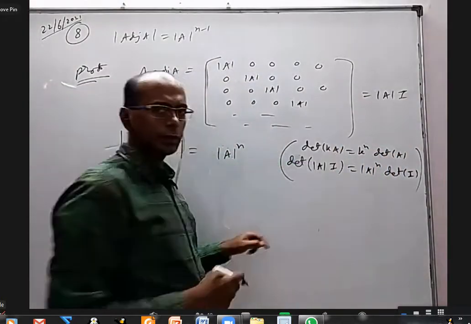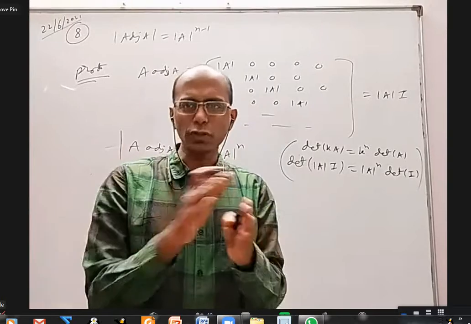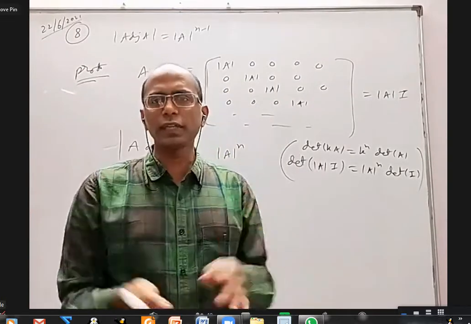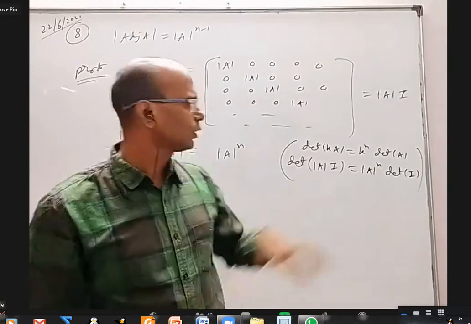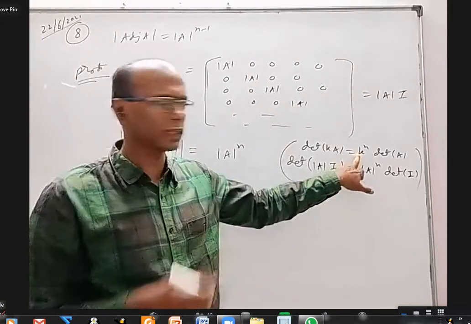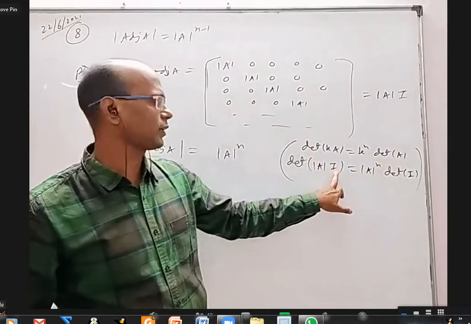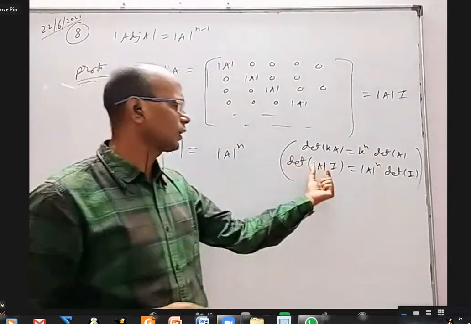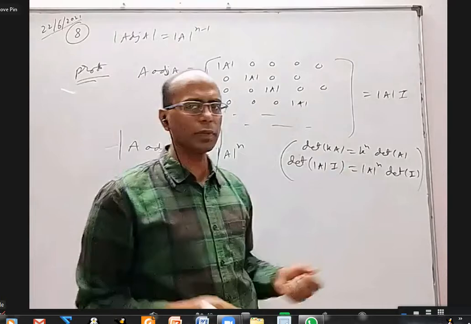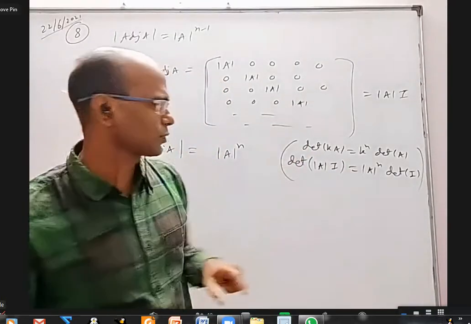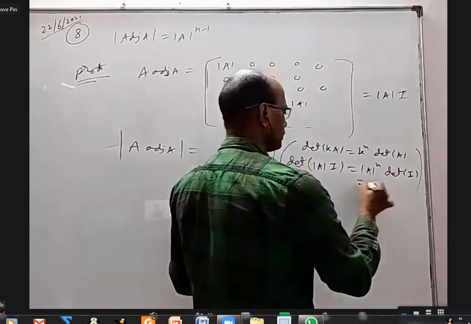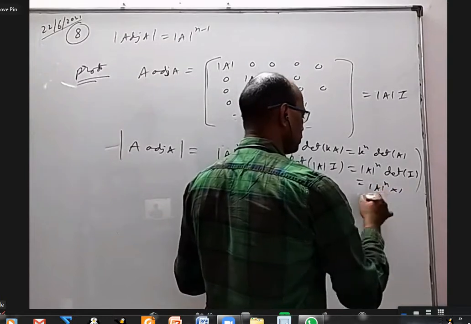How did this come? kA means the whole matrix is multiplied by k everywhere. When you take the determinant, in each row k will come common, so you get k power n outside. The same way, for some constant into the identity matrix, when I take that constant out I get power n because it comes common n times, and the determinant of I is 1. So det A power n into 1.